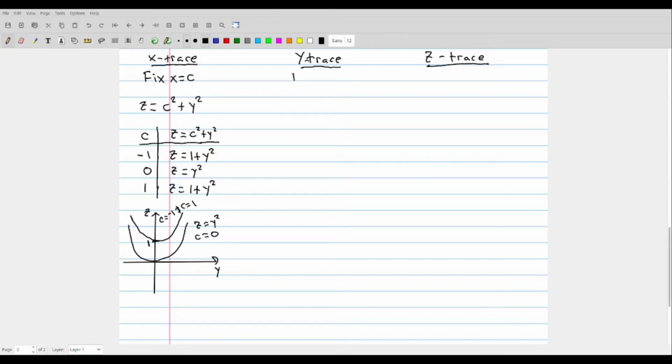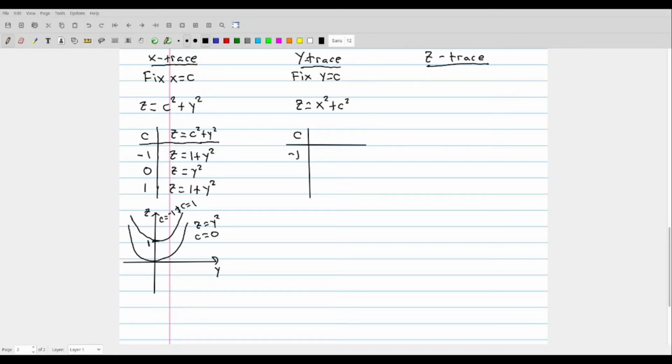So you do the same thing for the y-trace. You fix y equals c, and you get the equation z is equal to x squared plus c squared. The table that you get is going to be very similar to the table for the x-trace. It's not always very similar, but for this function it's relatively symmetric.